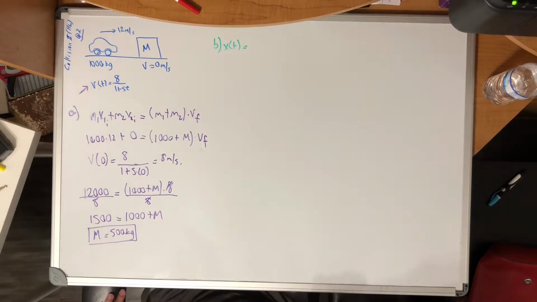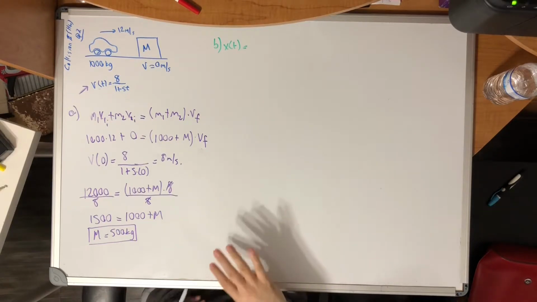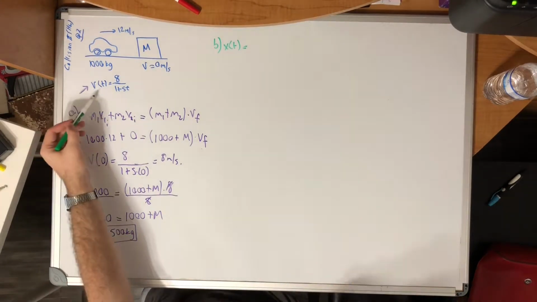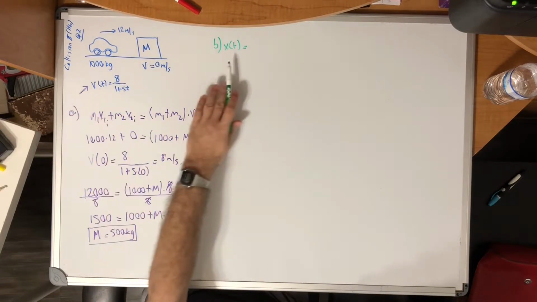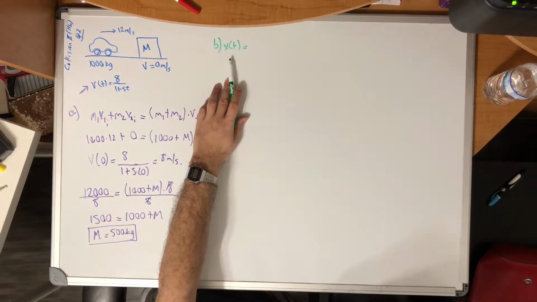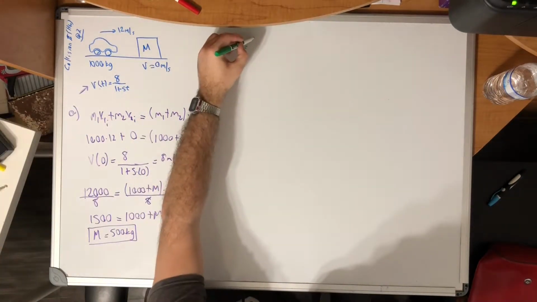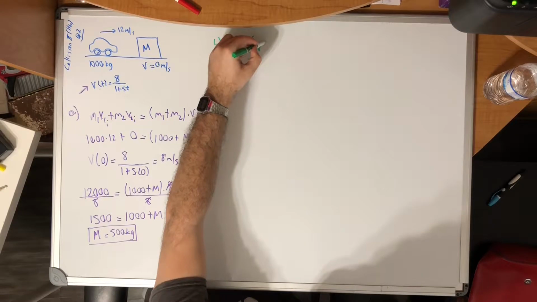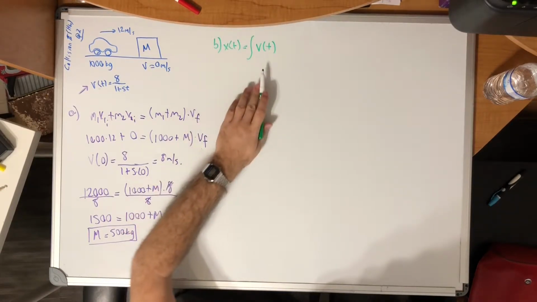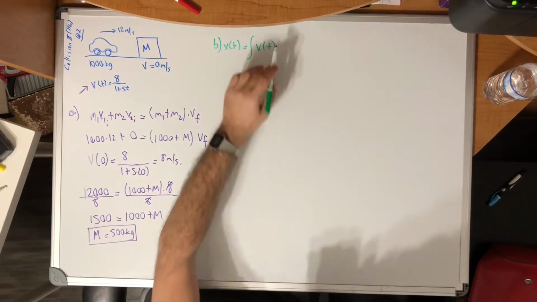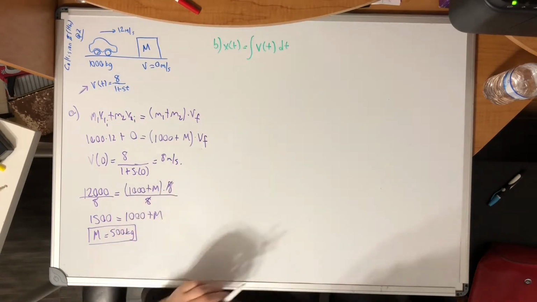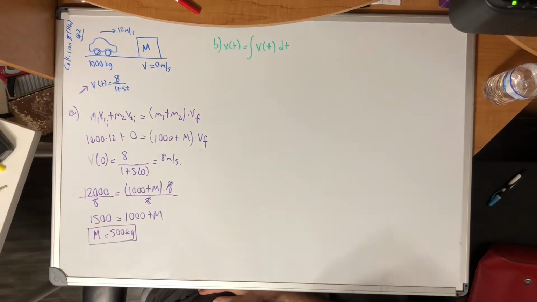If you look at your first chapter notes in kinematics, for the relationship between position and velocity, because we have the velocity function and we are trying to go to position, going from velocity to position is the integral of that v function, velocity as a function of time, dt. That is going to give us the position of this object as a function of time.